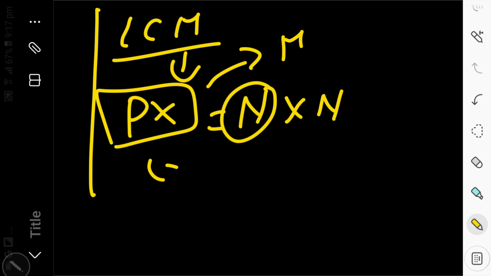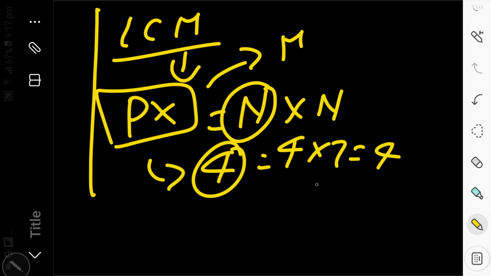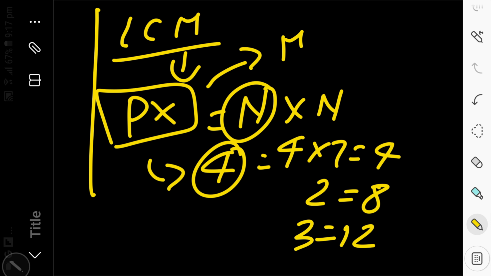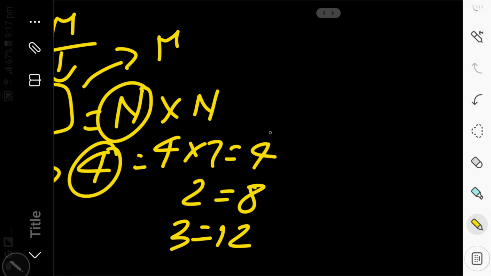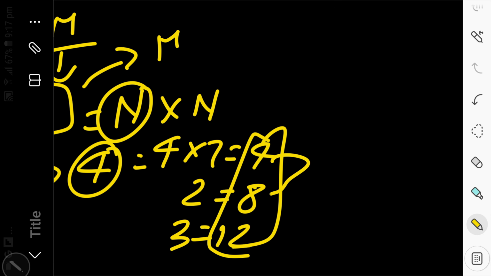For example, if you are asked to take the multiple of 4, it just means to make a multiple table. 4 multiplied by 1 is 4, by 2 is 8, by 3 is 12, and so on and so forth. Here, the multiples are 4, 8, 12, the product of multiplying one number with another number.